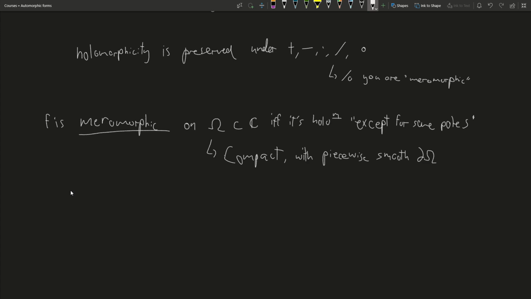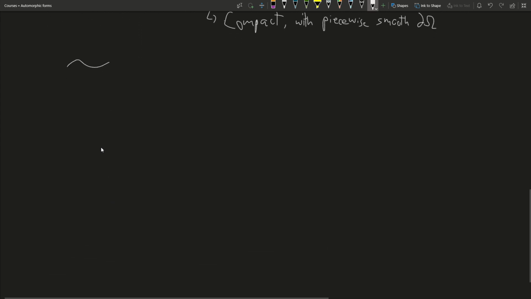Okay, so why do we care about holomorphic and meromorphic functions? They satisfy a lot of really nice properties, and the nicest property that they satisfy is that, assuming f is holomorphic on omega, and omega satisfies these assumptions, then the integral around the boundary of omega is necessarily 0.